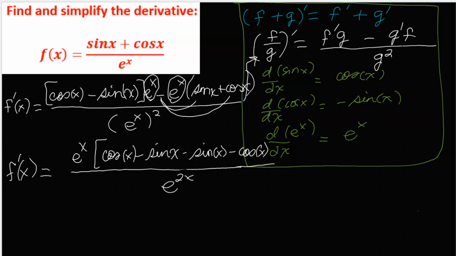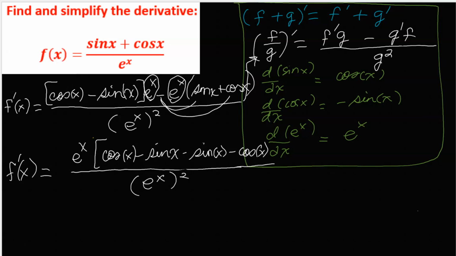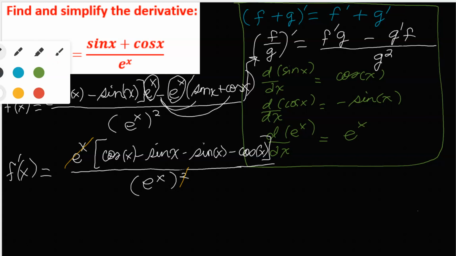In this case, it looks better to see e to the x and then squared, because we know on the numerator there is a factor of e to the x, so one of them will get divided out and we are left with just e to the x, right? And then we will also see what's going on inside there.